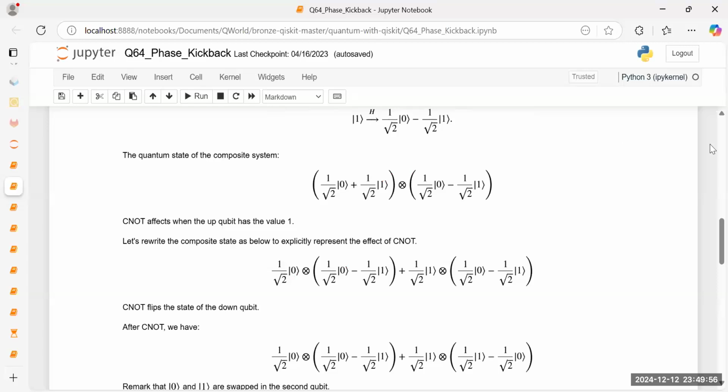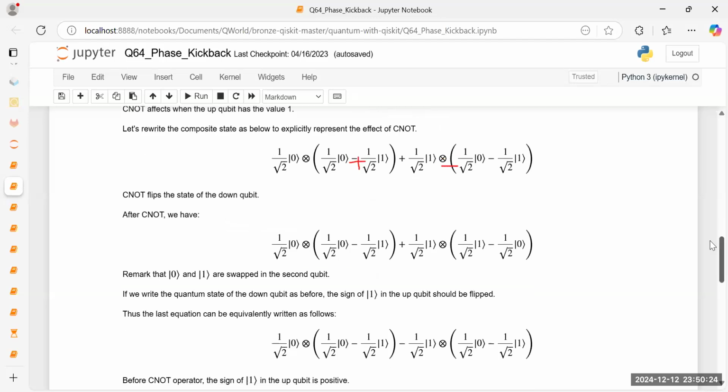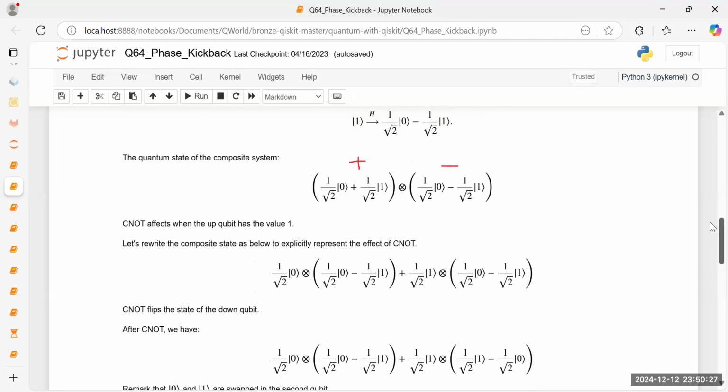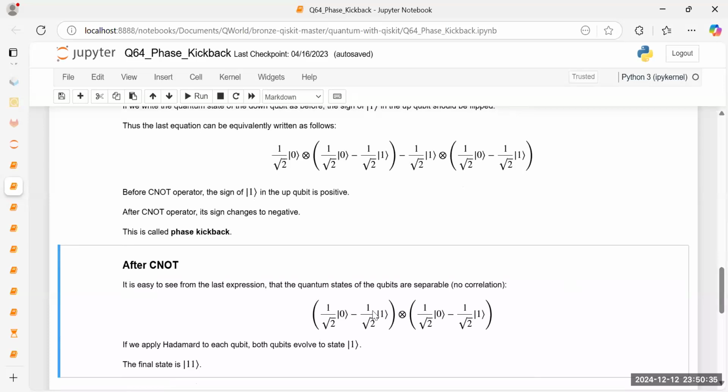We had the plus state and the minus state here. We had plus minus, but when we applied the C0 operator, we ended up with minus minus.